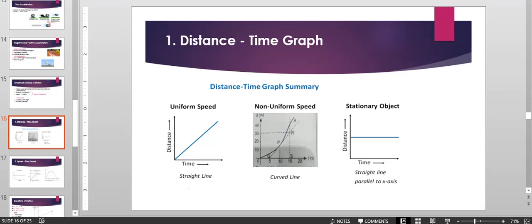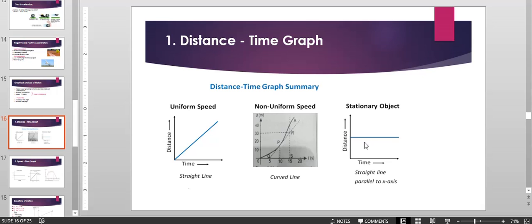The third graph is about stationary objects, or objects that are at rest. The distance moved by the object with time is 0. That is, the object is at rest.